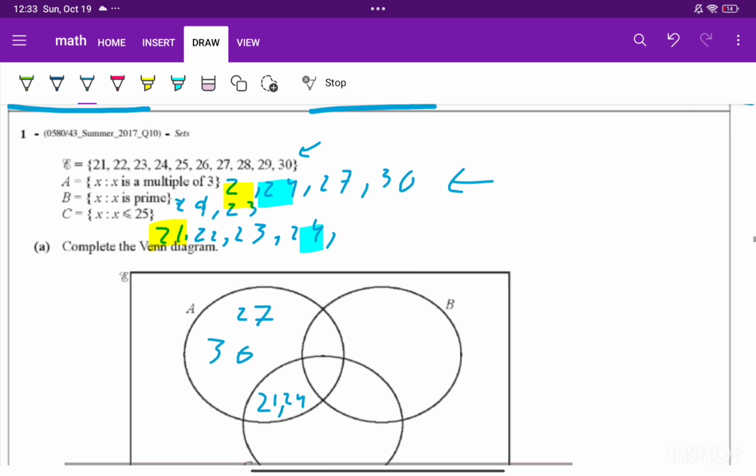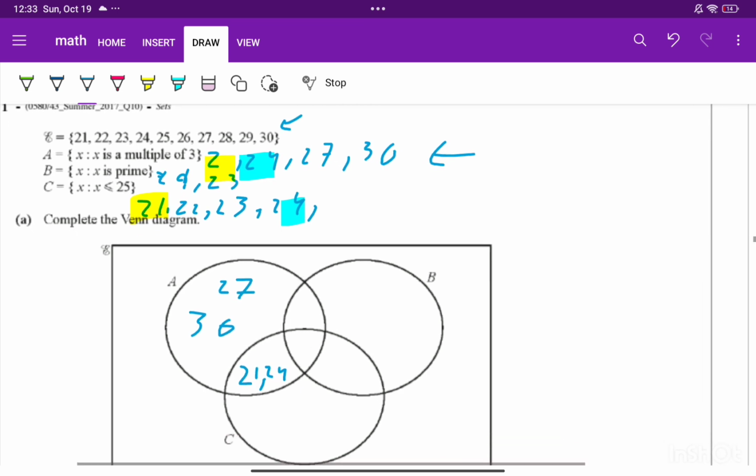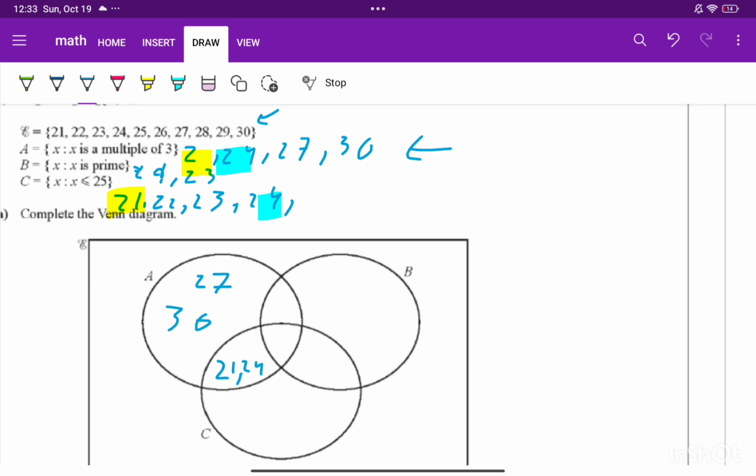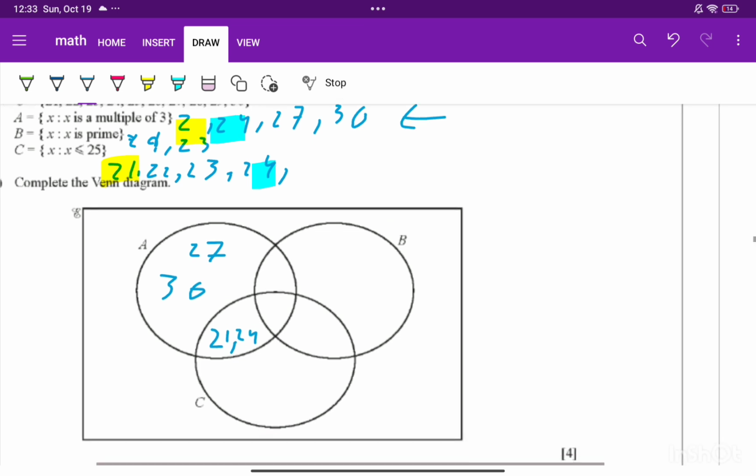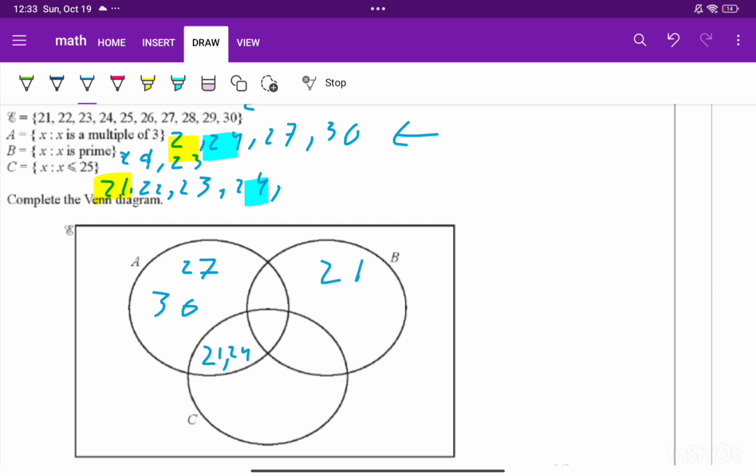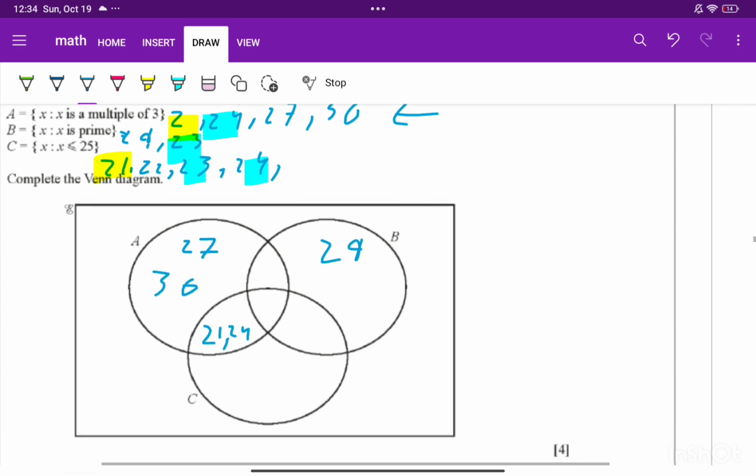Then let's go to set B. 29 is not coming in set A and set C, so we will write 29 over here. And 23 is common, so 23 we will write over here.